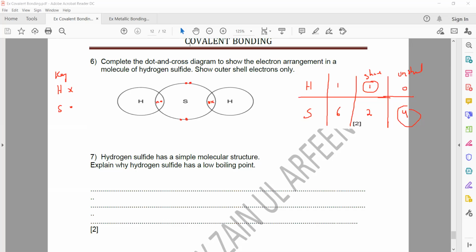If a question says hydrogen sulfide has a simple molecular structure, simple molecular or simple covalent structure have the same meaning. You can mention either one. Why does hydrogen sulfide have a low boiling point?